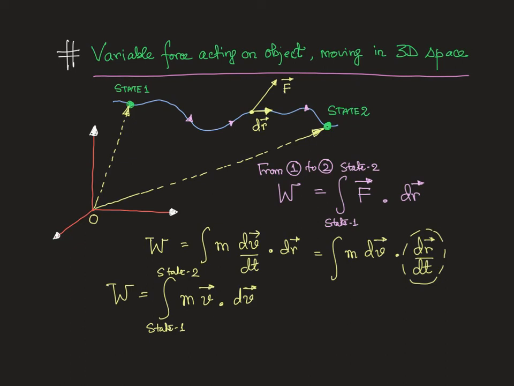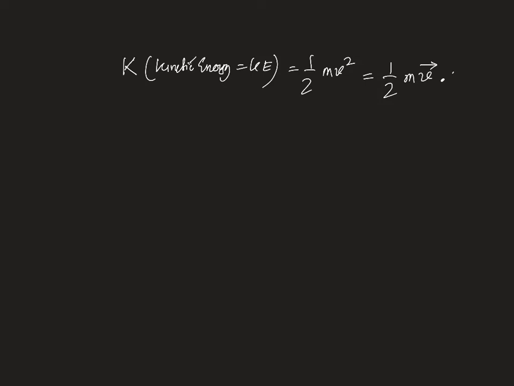We can express kinetic energy as K: half mv square can be expressed as half m v dot v, because v dot v is v square, as you know.